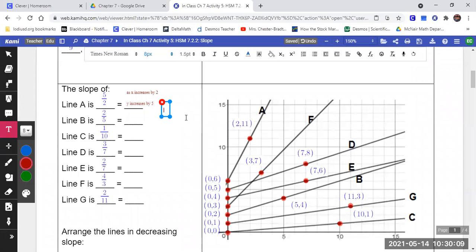So what would B say? What would slope B's be? As X increases by 5, Y increases by 2.